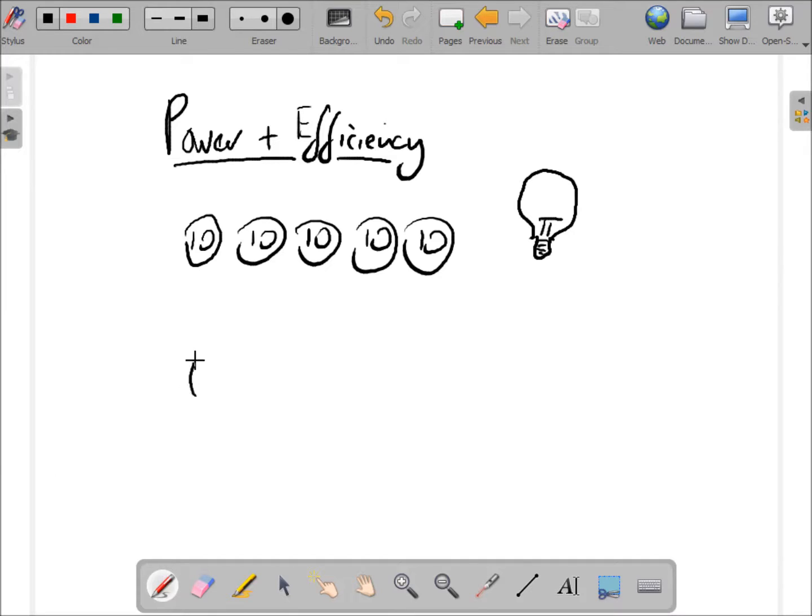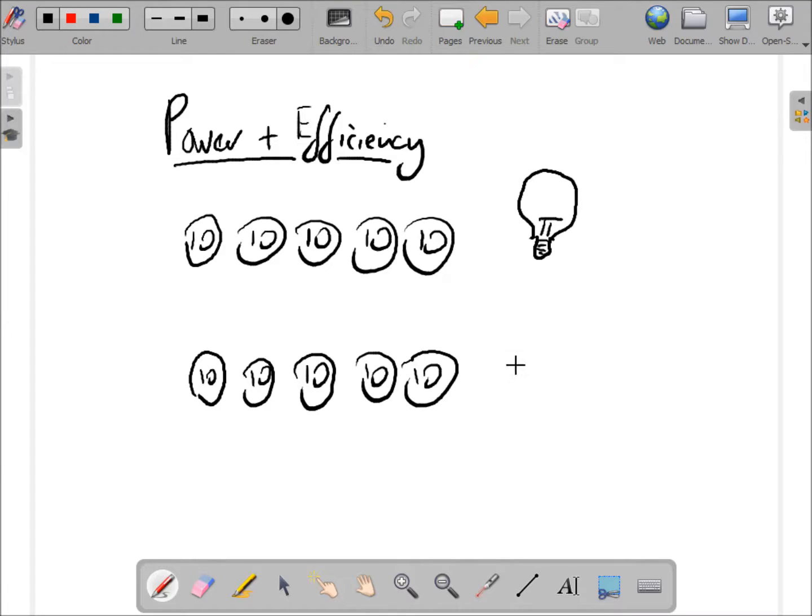Now we've got another group of energy, 10 joules a pop, and this energy is going to be used by our energy saving lamp. Okay, quite clearly an energy saving light bulb here.